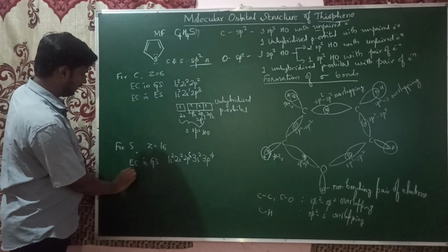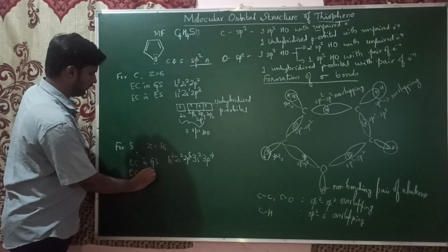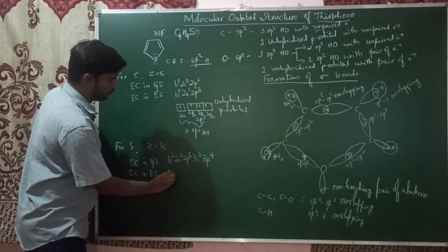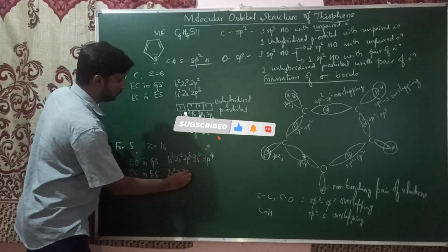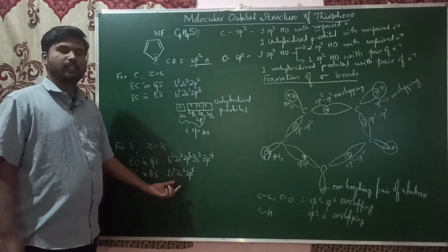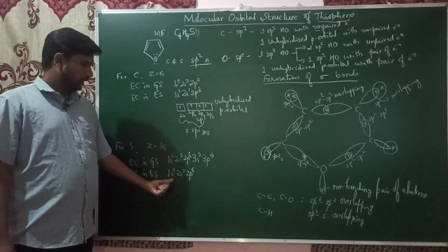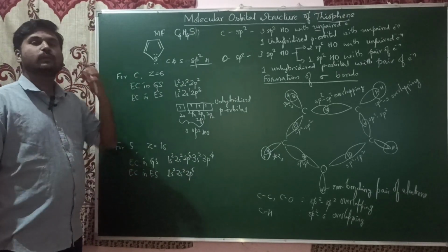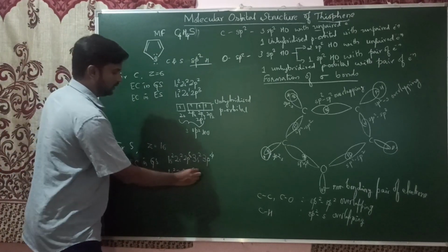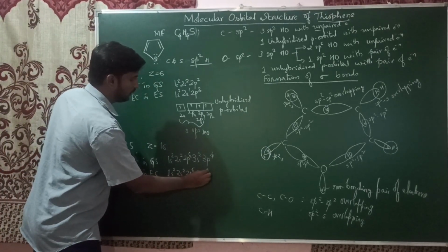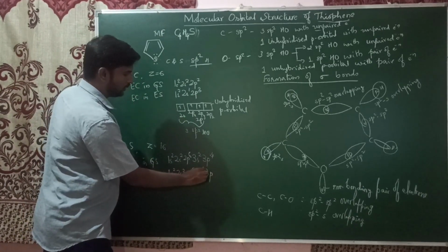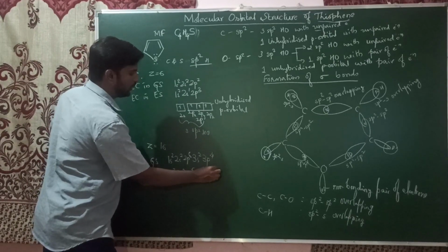In the excited state, the electronic configuration is 1s2, 2s2, 2p6. There is no change here, because the 1 and 2 principal quantum number orbitals become inner orbitals. They do not involve in hybridization here. One of the 3s orbital electrons will shift to the 3p orbital, so it becomes 3s1, 3p5.